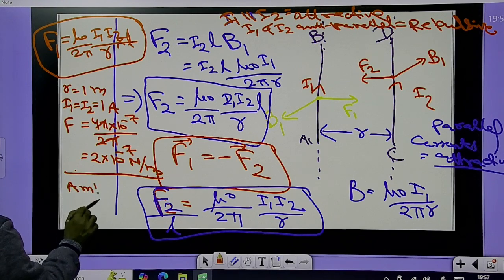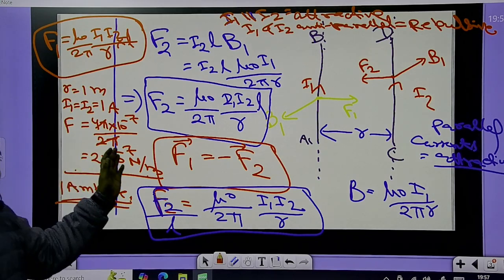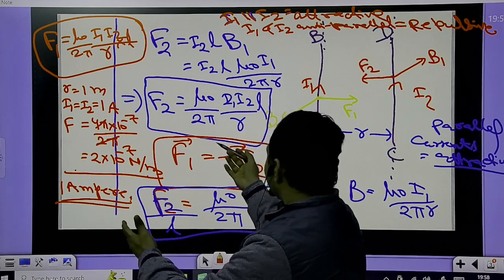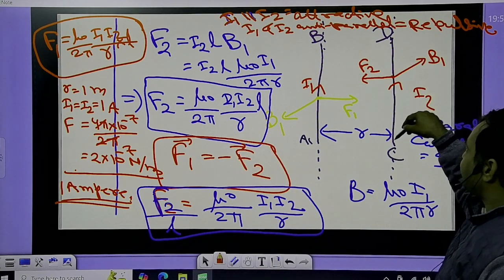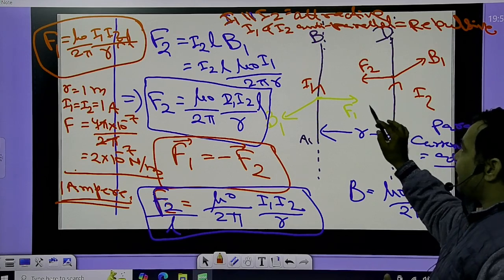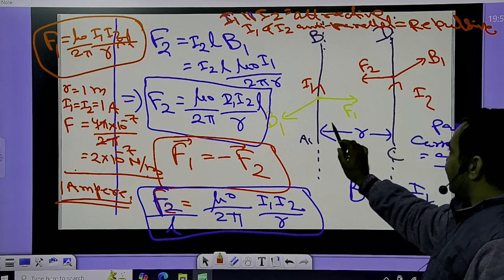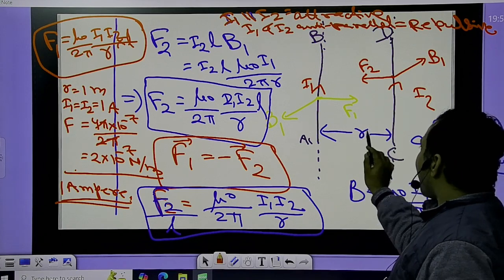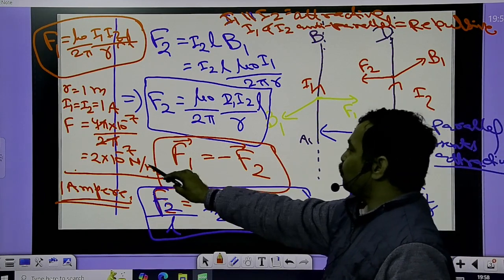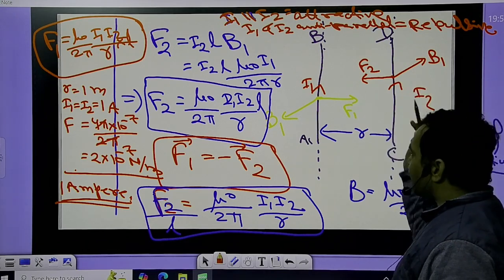The definition will be: 1 ampere of current is defined as that steady current which is flowing in two parallel conductors carrying equal currents of negligible cross-sectional area, and if placed in air at a distance of 1 meter apart, then the force between them is 2 into 10 to the power minus 7 Newton per unit length of the conductor, right?